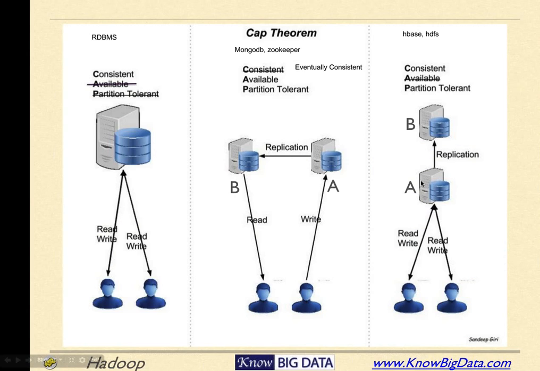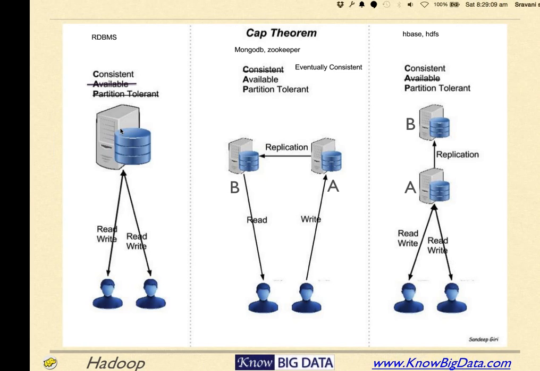In the first scenario you have one machine. You have a single machine, and the reads and writes are happening to this single machine from multiple users. So what would happen if this single machine goes down? The first case is the classic relational database kind of environment, where you have a single machine which does everything for you.